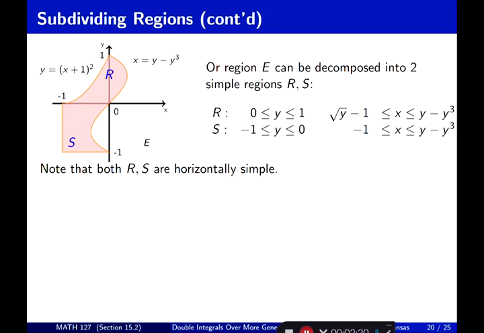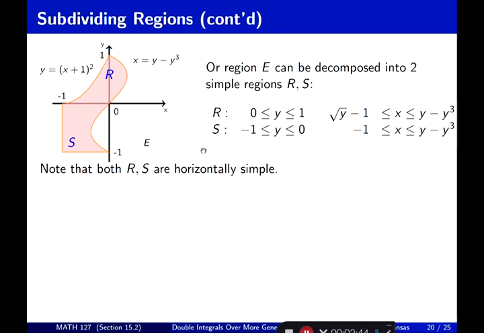horizontally simple regions. So for the top one, you have to solve for x, and if you solve for x, you get square root of y minus 1. And so x is between square root of y minus 1 and y minus y to the third, and y is between 0 and 1.